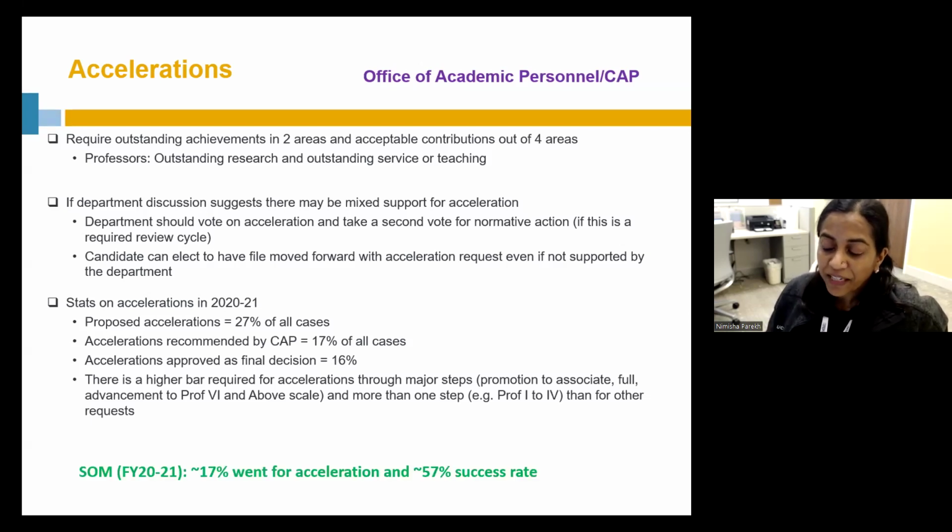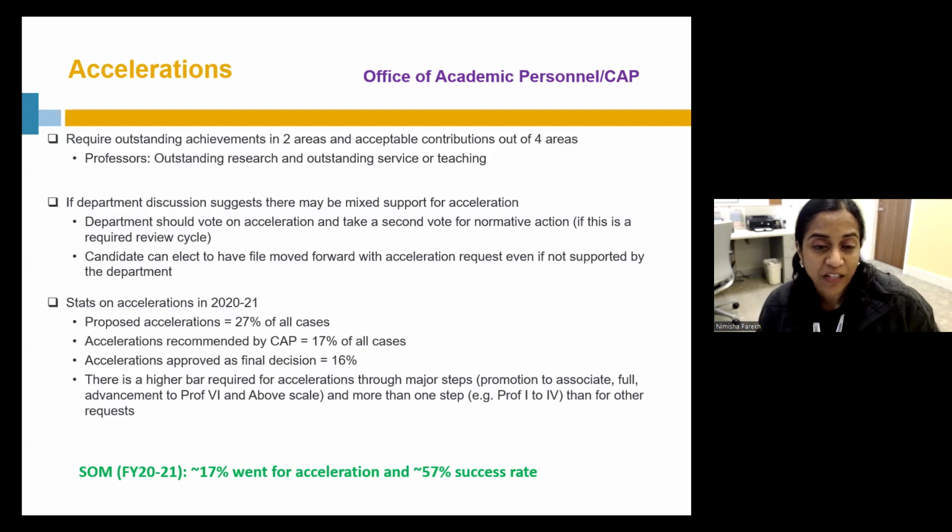But some School of Medicine data in 2020 to 2021, between both the Senate and non-Senate faculty, 17% of faculty went up for acceleration, and there was about a 57% success rate. So you can get turned down for acceleration, and you do want to be careful about just saying, well, let me just try. If I don't get it, I don't get it.